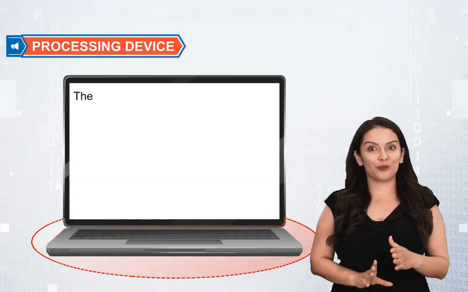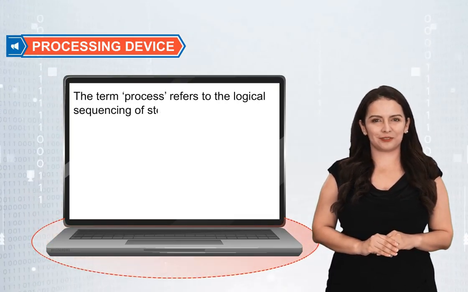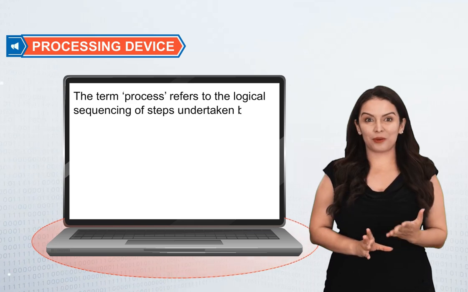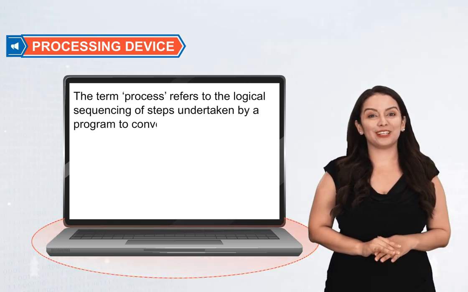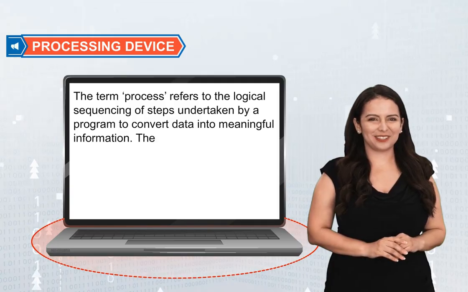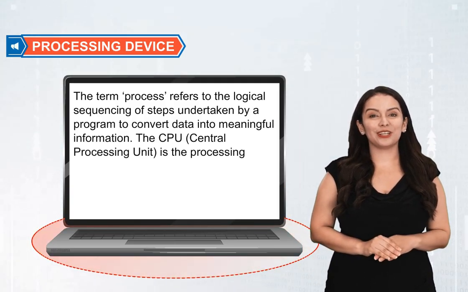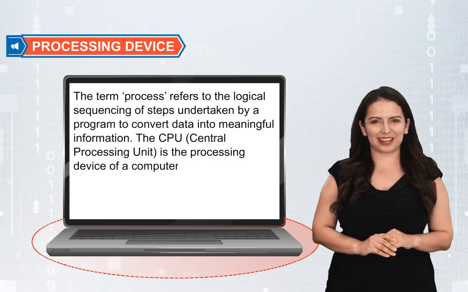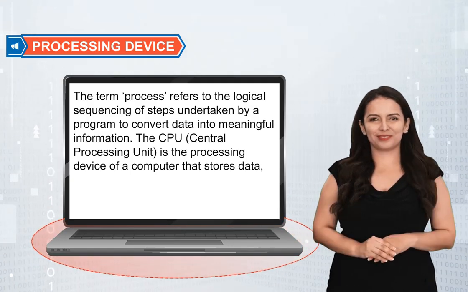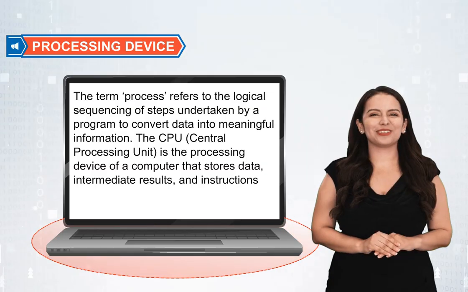Processing device. The term process refers to the logical sequencing of steps undertaken by a program to convert data into meaningful information. The CPU, Central Processing Unit, is the processing device of a computer that stores data, intermediate results, and instructions.